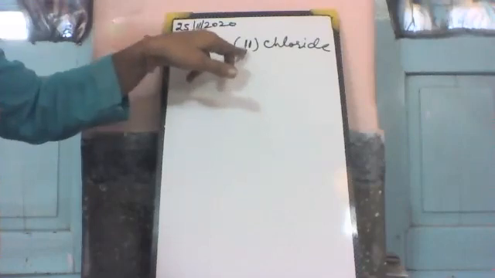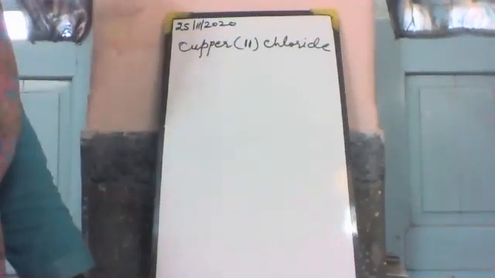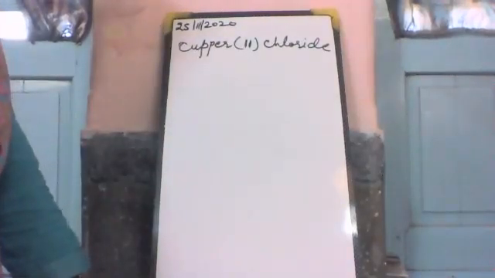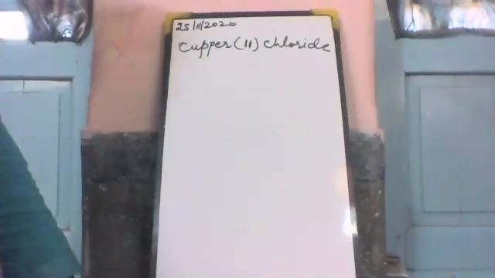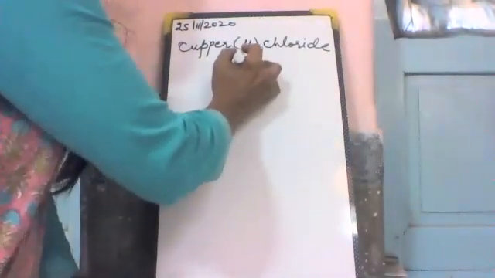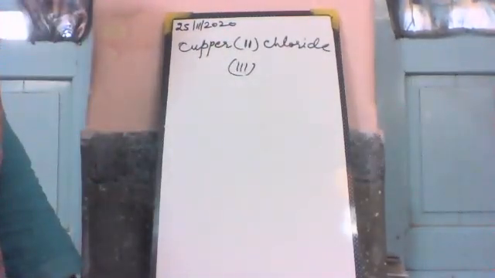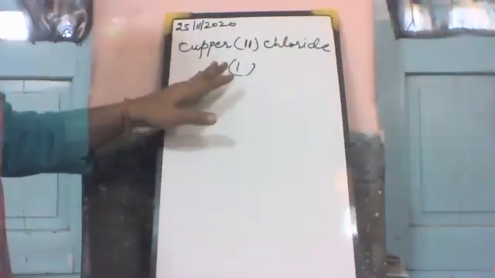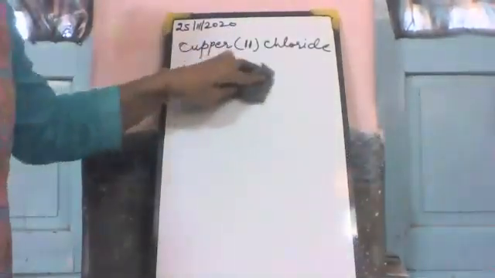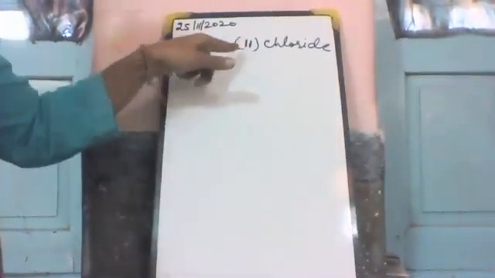Okay now. What is the meaning of this 2? Anyone? Ma'am, it is bivalent. Bivalent, valency of 2. Then if I write here 3, it means what? Trivalent, valency of 3. If I write 1, it means you have to give the formula according to this valency, right?